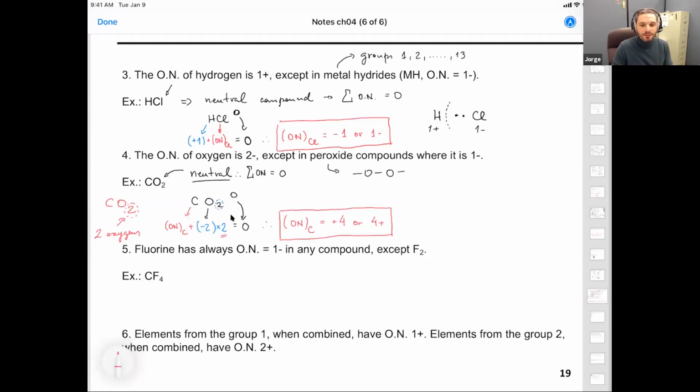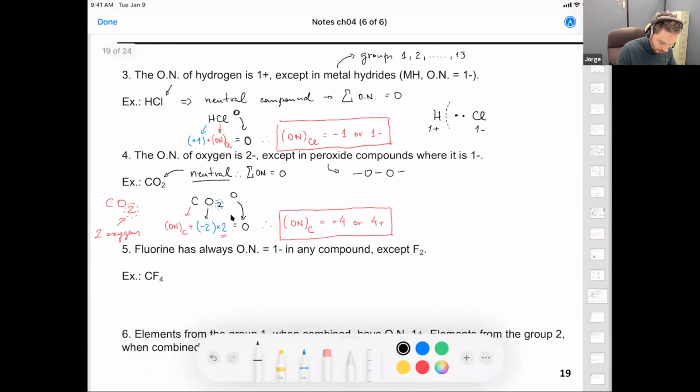Okay, so the physical meaning of an oxidation number of 4 plus for the carbon is that in this compound, carbon basically lost 4 electrons. Or in other words, the electrons are closer to the oxygen than the carbon.